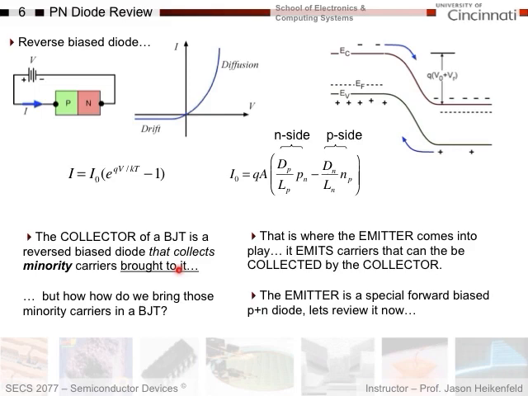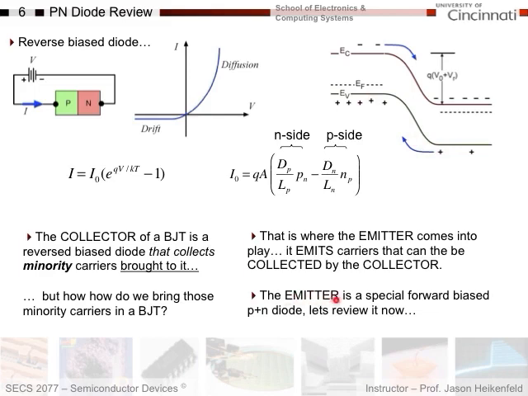And so the question is, how do you bring these carriers right next to the edge of this reverse bias diode? Well, that's where the emitter comes into play. What it's going to do is emit carriers that can be collected by the collector. And so the emitter will basically bring carriers into here, which then can drift out the collector.